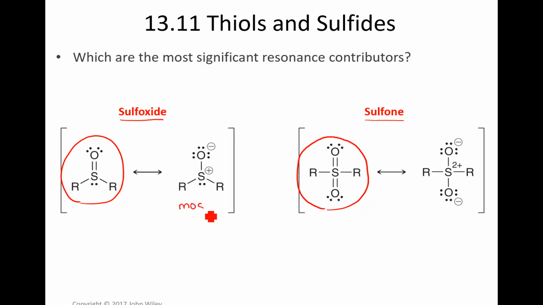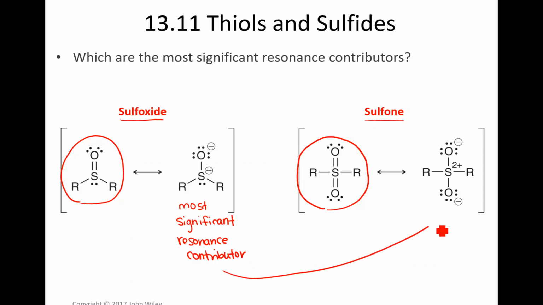So in both cases, the one where you see formal charge is the most significant resonance contributor, which is sort of strange because normally we want to minimize formal charge. That makes something more significant because it's more stable that way. But in this case, the charged structures are the most significant.